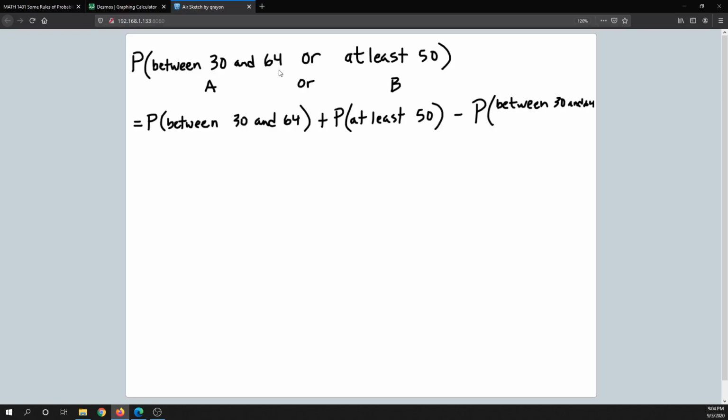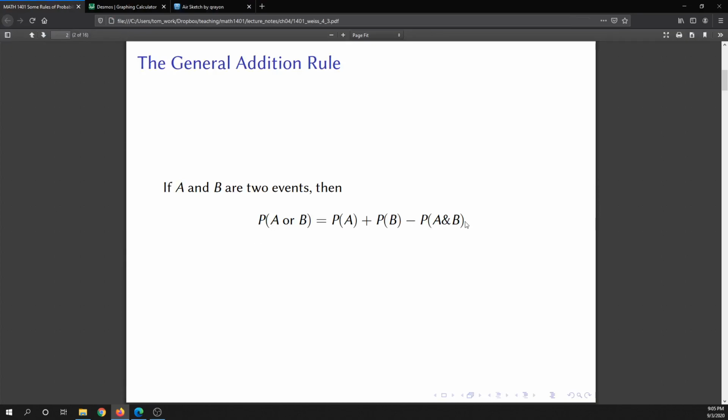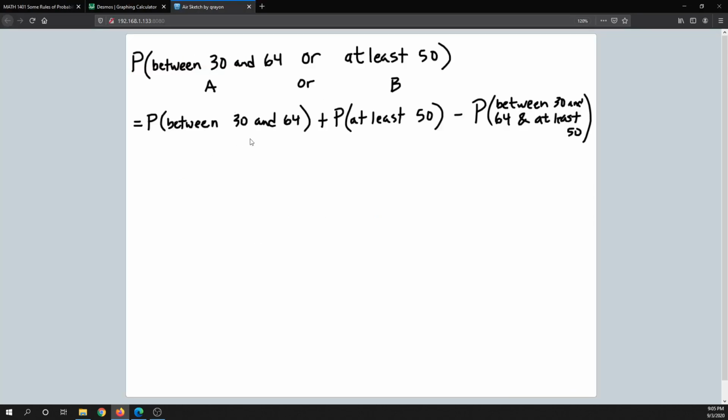All right, I gotta rewrite that. This doesn't look good. And at least 50. Okay. So that would be applying this general addition rule to this particular problem.